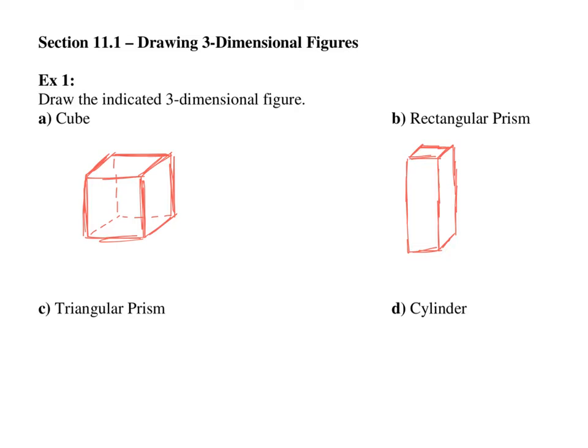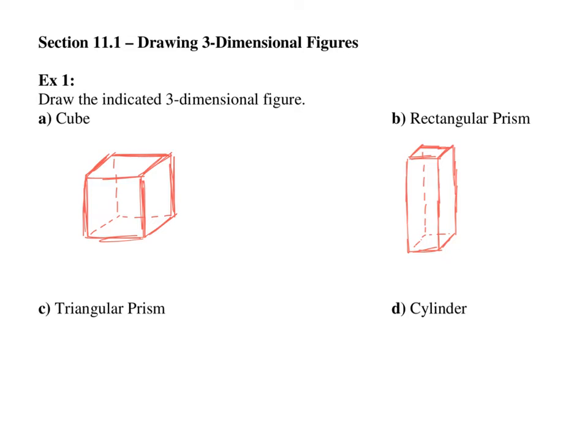And then I need to see the parts to the prism by drawing a dashed line. These are the parts that we can't see based on the angle we're drawing it at. There we go. There's a rectangular prism.